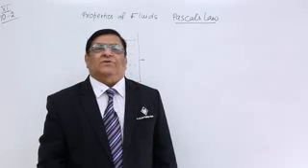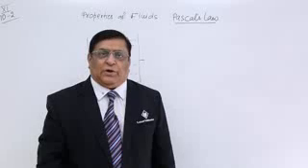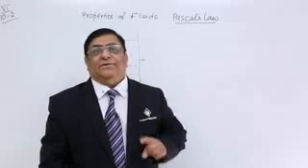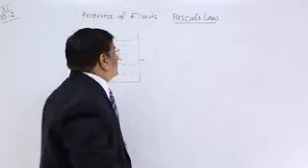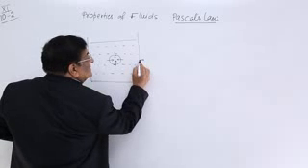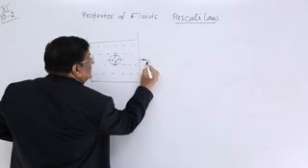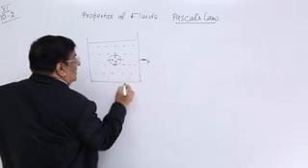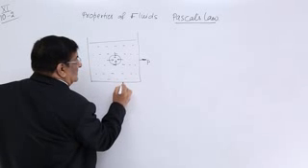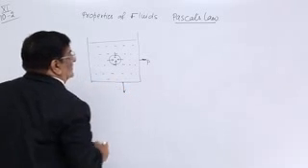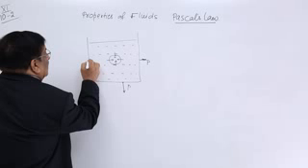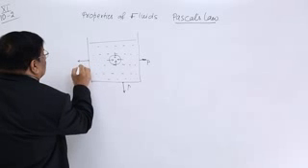The pressure is always there on the surface of contact at right angle to it. So if this surface is here, this is the direction of pressure at this point, but the same liquid, when it is in contact with this surface, the direction of pressure is here. At this point it is in this direction.